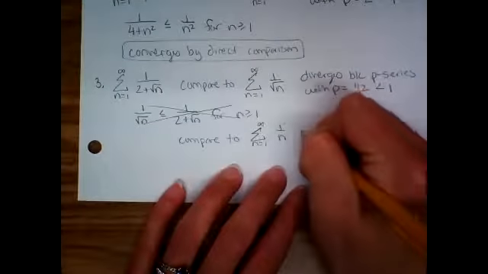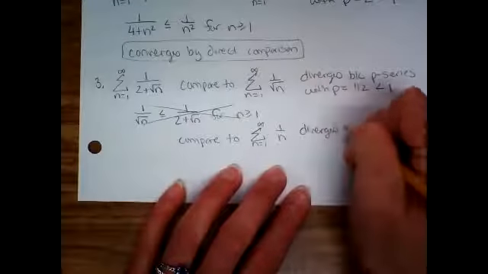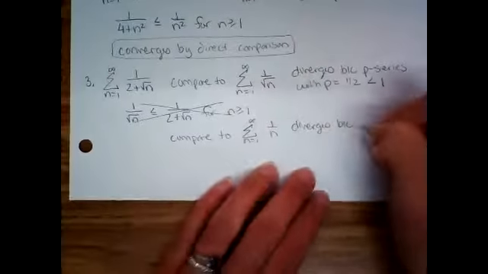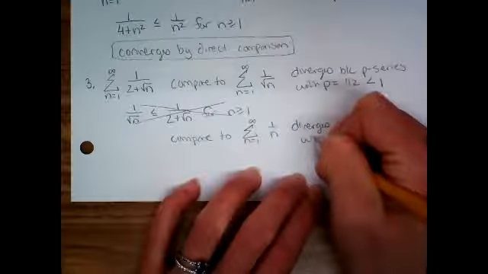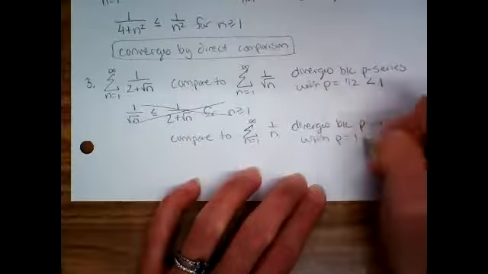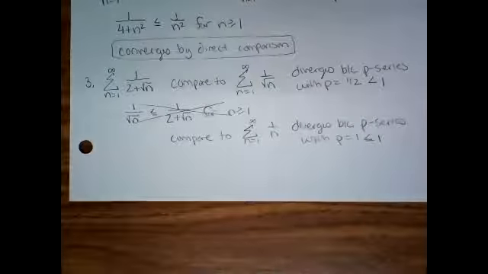And that's going to also diverge because why? Good, because p is 1. P equals 1. Or they'll even take that if you say this is the harmonic series, because that's a known one.